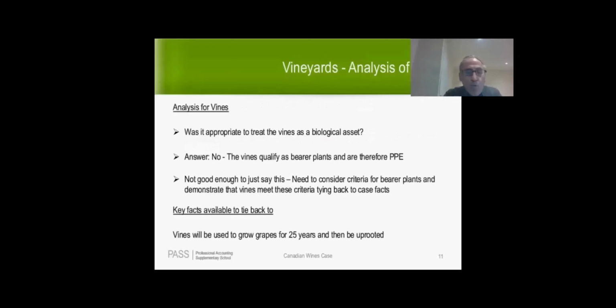We ask ourselves, was it appropriate to treat the vines as a biological asset? As many of you have already figured out, the answer is no. They qualify as bearer plants, and therefore they are PPE. Now, if all you had done on a CFE is simply say they are bearer plants, you would not have been competent. What you need to do is look at the criteria for bearer plants and demonstrate how the vines meet these criteria.